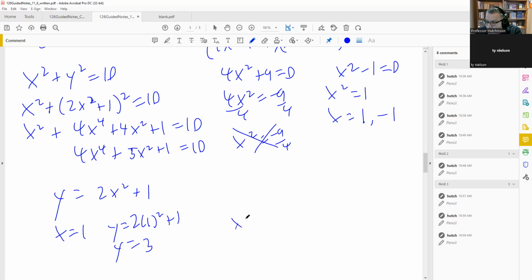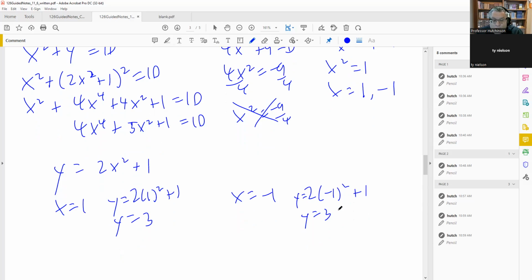And then if I have x equals -1, I have 2 times -1 squared plus 1, and I also will get a 3. Which means that my two points of intersection here are going to be (1, 3) and (-1, 3).